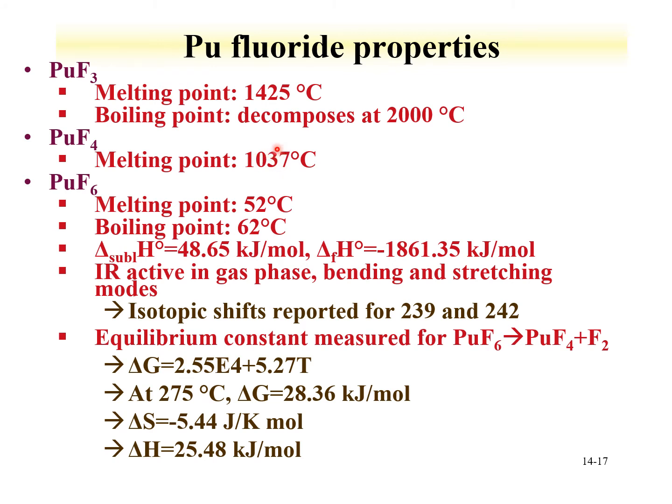Melting points of about 1400 C for the trifluoride, about 1000 C for the tetrafluoride, and very low melting point, high vapor pressure for the hexafluoride. The hexafluoride has been examined by IR, and isotopic shifts have been reported for the IR spectra of plutonium hexafluoride with plutonium-239 and plutonium-242.